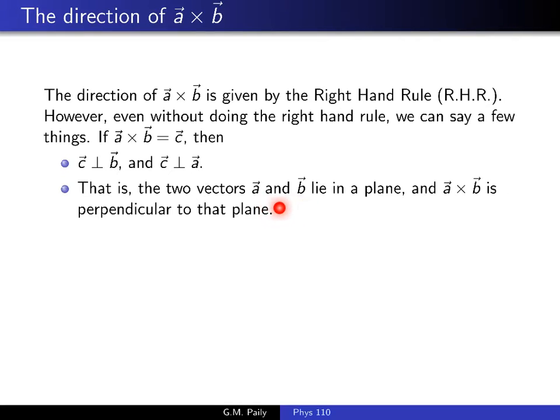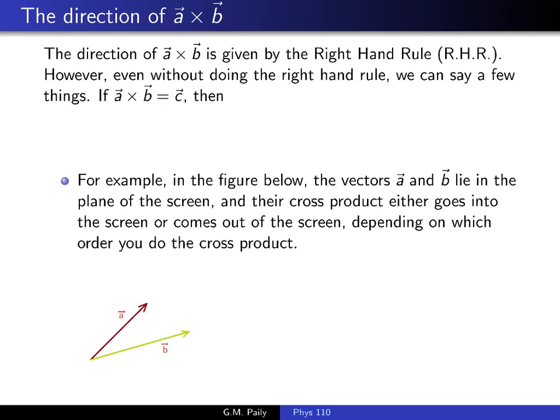In other words, the two vectors A and B lie in a plane, and A cross B is going to be perpendicular to that plane.